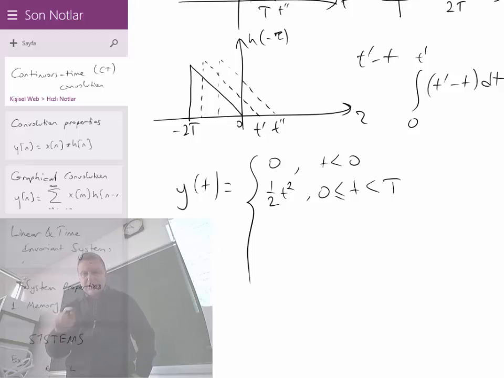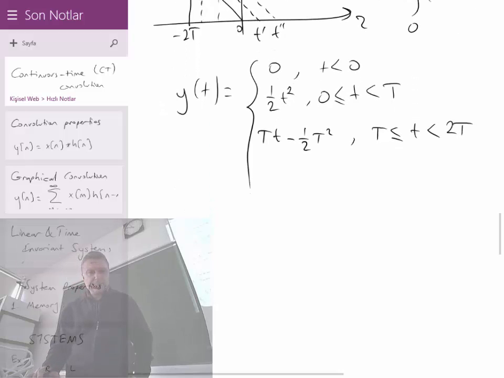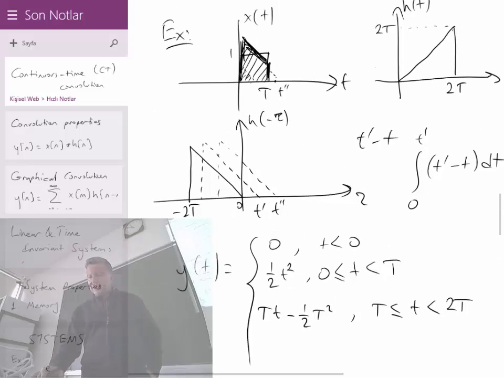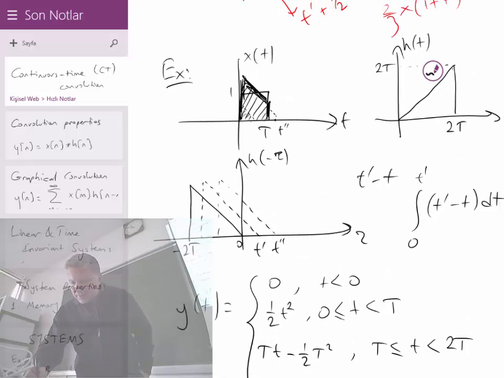And the formula for that strange shape is this: capital T t minus 1 over 2 capital T square if t is between capital T and 2 capital T. Yeah. When it is even more, we have a situation like this. For example, like this. Let's say t triple prime.